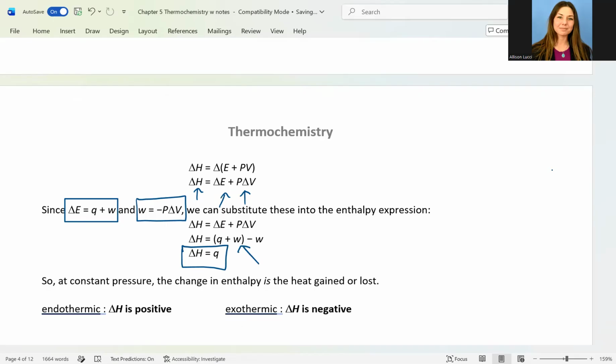So this is how this relationship is derived. And again, at constant pressure, the change in enthalpy, so the delta H, is always going to be equal to Q, the heat gained or lost.